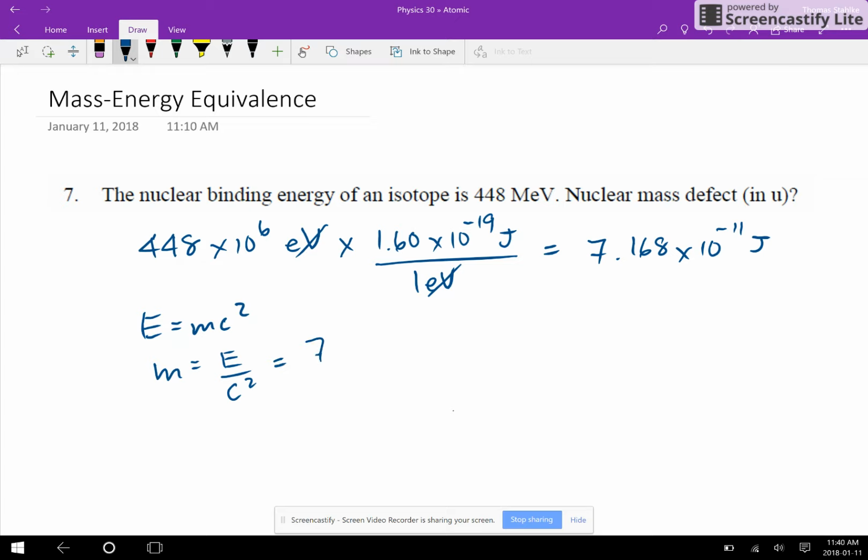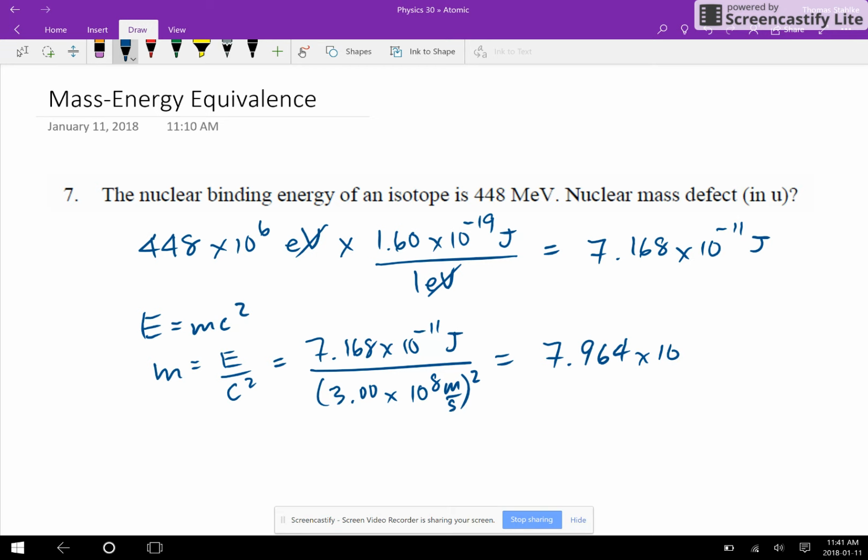So let's put that value we just calculated and divide it by the speed of light squared, all squared. And this now works out to 7.964 times 10 to the negative 28 kilograms.